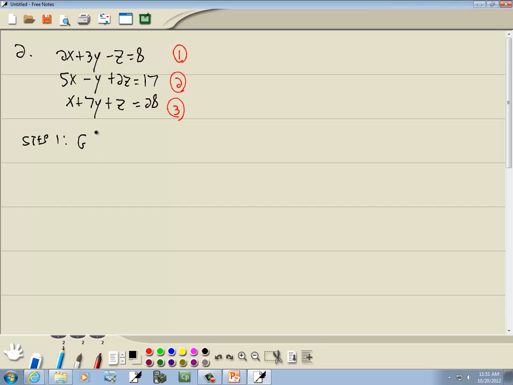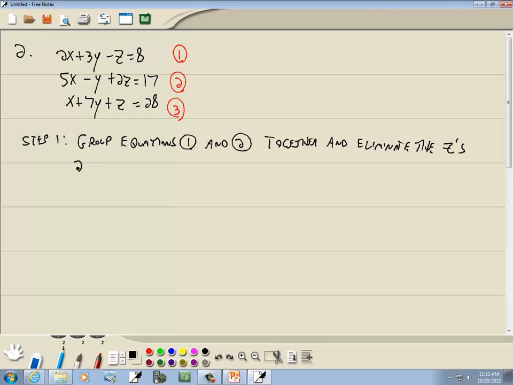I'm going to group equations 1 and 2 together and eliminate the z's.